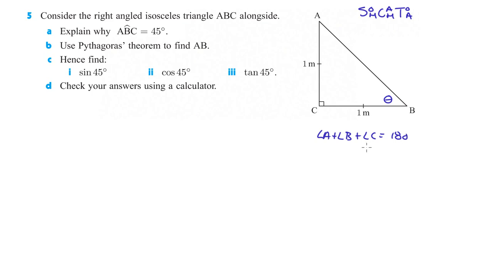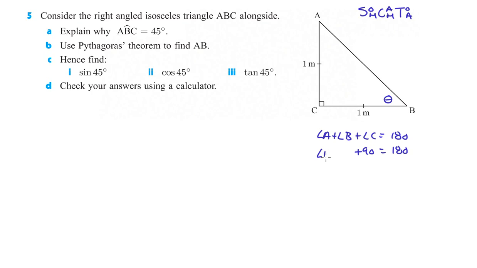We know that angle C is 90 degrees, right? And since this is an isosceles triangle, angle A and angle B are the same.